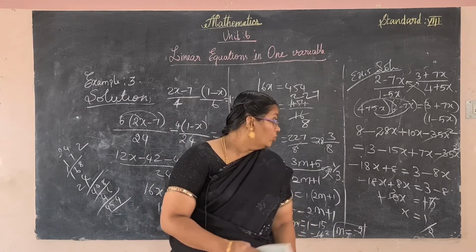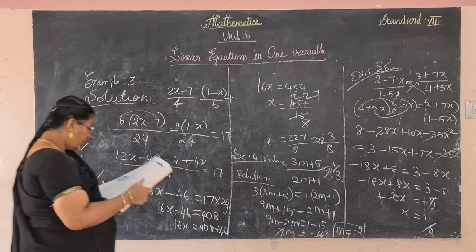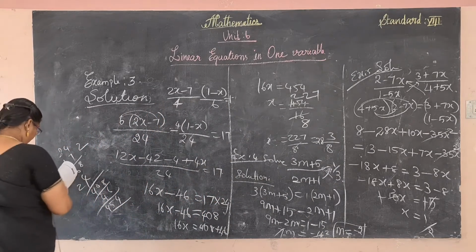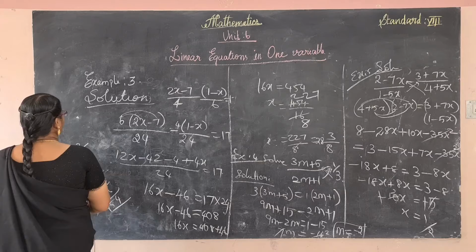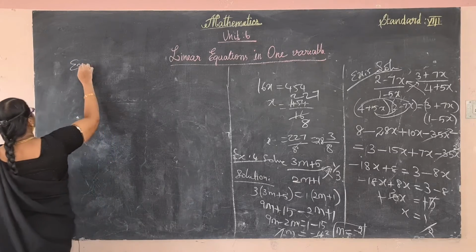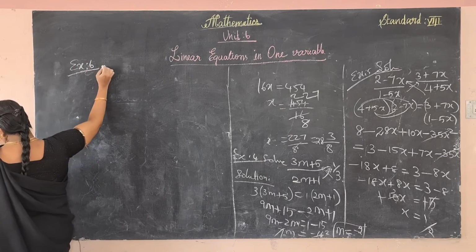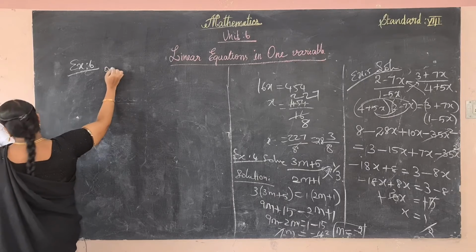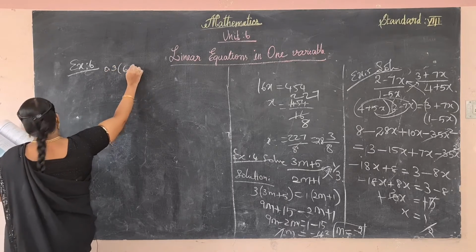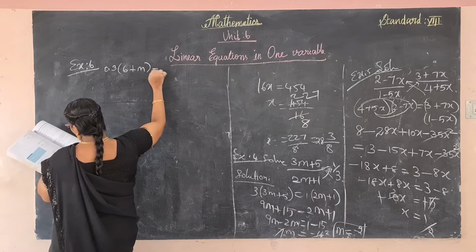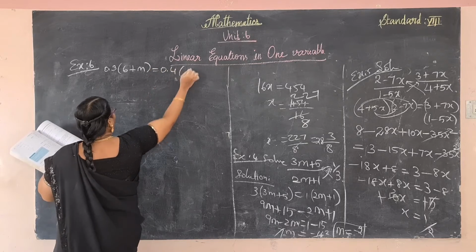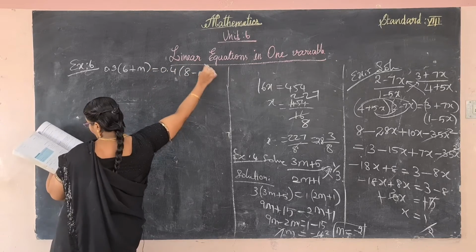Okay. Now move to the next example, example 6. Solve 0.3 (6 + m) is equal to 0.48 minus m.